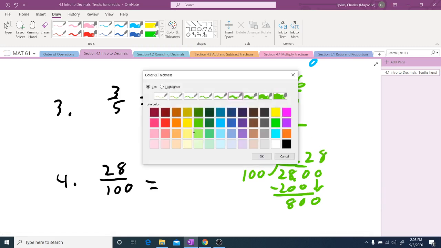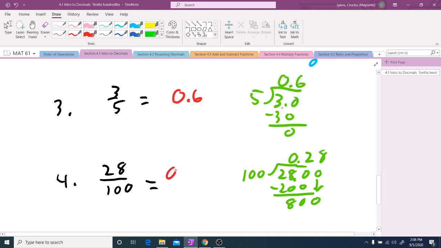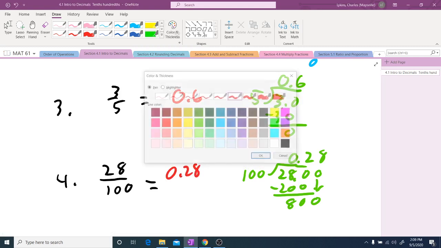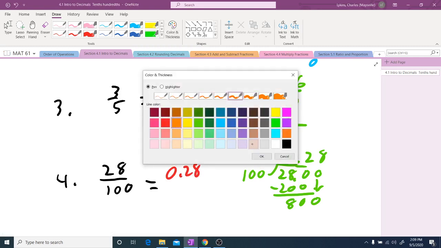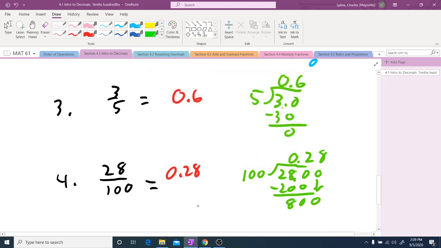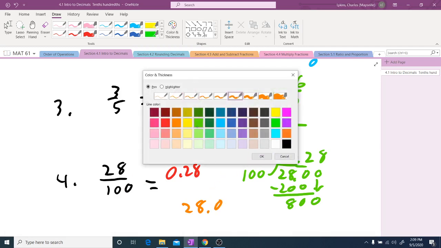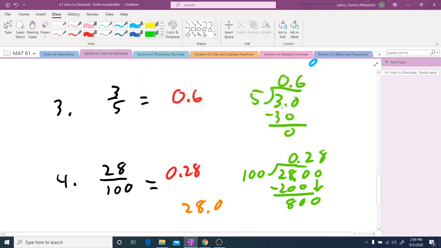This right here, 0.28. Now one thing I like doing too is you can always start with the 28.0, and then anytime you divide, you go back that many zeros. So 1, 2, I go back 2 zeros, right there. That's my decimal, which is 0.28. Same thing as dividing it.